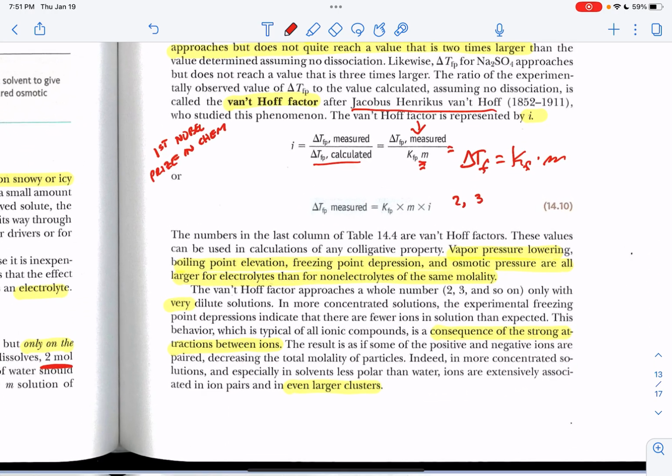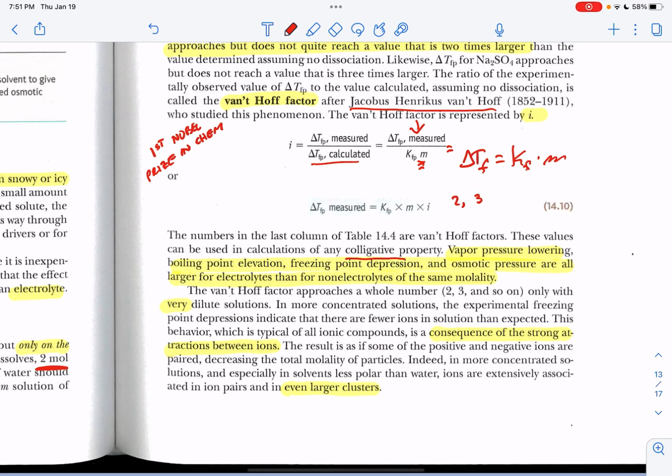So to review, our colligative properties include lowering the vapor pressure, because not as much vapor will be able to escape from the liquid state if particles are in the way. It means to elevate the boiling point, because it's going to take a higher temperature in order to get the solvent particles to escape and boil away.